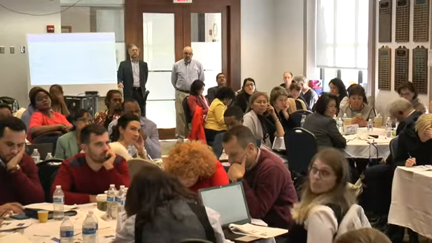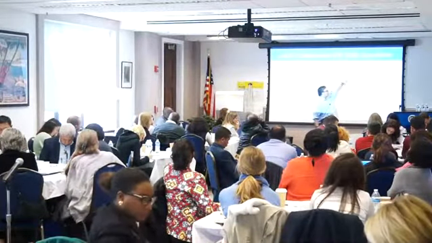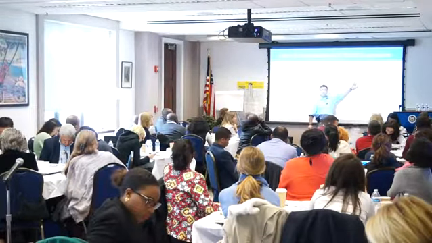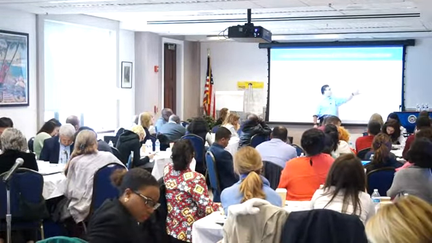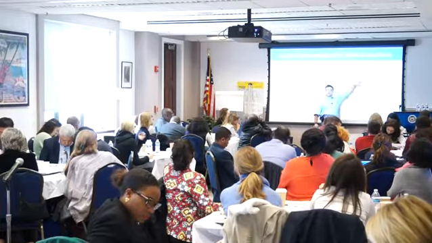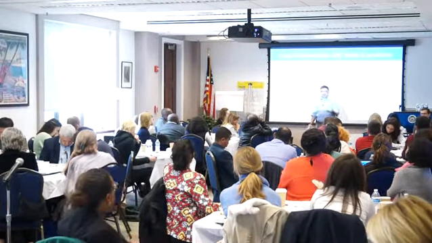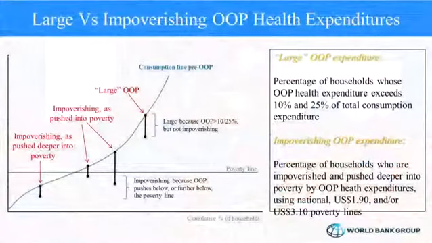The indicators have to do with the percentage of households whose out-of-pocket health spending exceeds either 10% or 25% of their total consumption expenditure, because numbers above that are indicative of catastrophic spending. What is called catastrophic is from a financial point of view, not from a health point of view. So if you're poor and have the flu and have to pay out of pocket, even that can be catastrophic from a financing point of view.